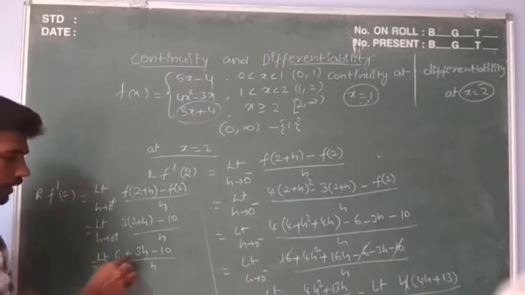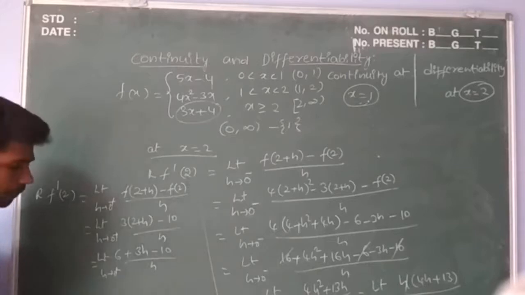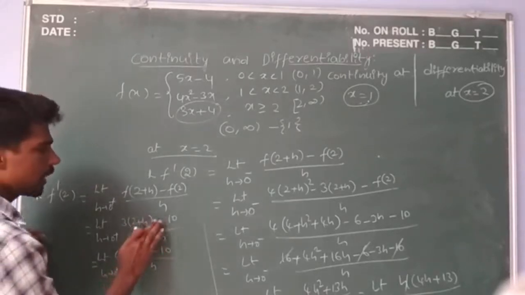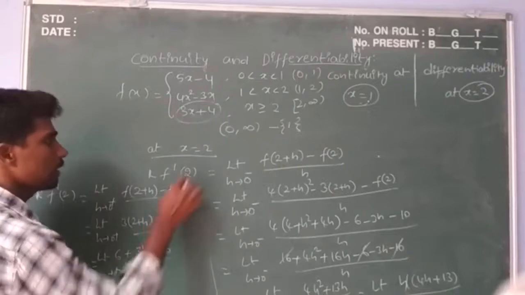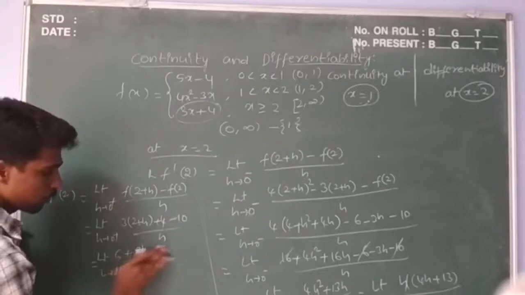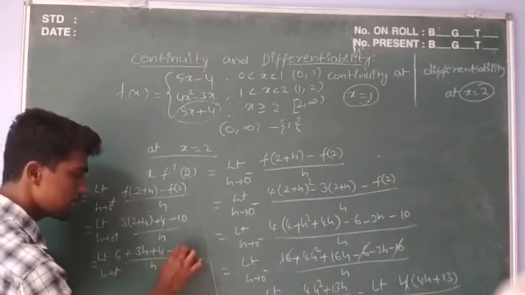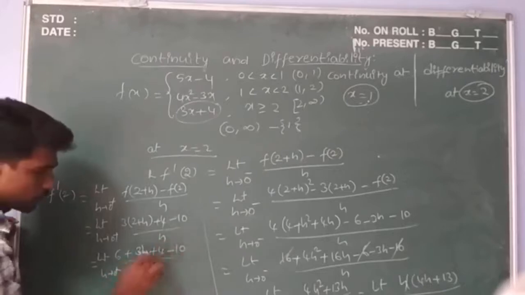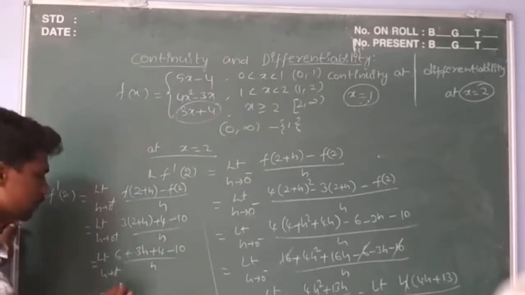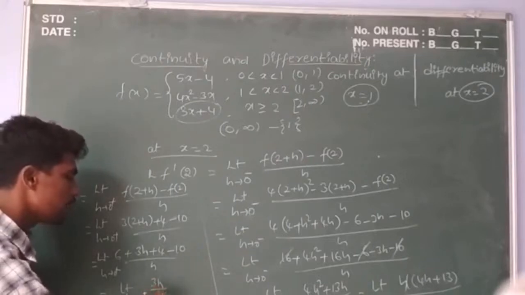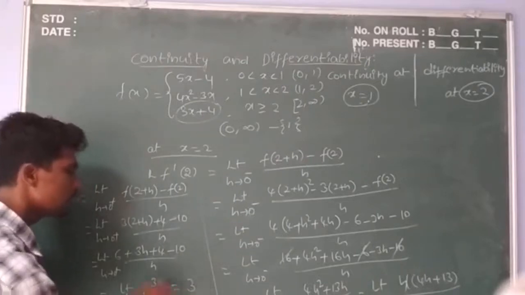Here we didn't write the plus 4, so mention plus 4. 6 plus 4 is 10, 10 minus 10 is 0, leaving 3h by h. Limit h tending to 0 plus 3h by h, h gets cancelled, and we get the answer as 3.